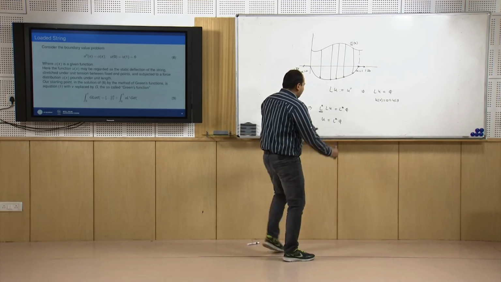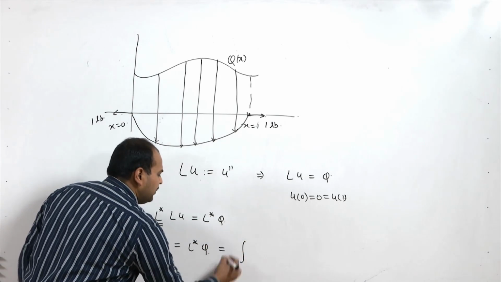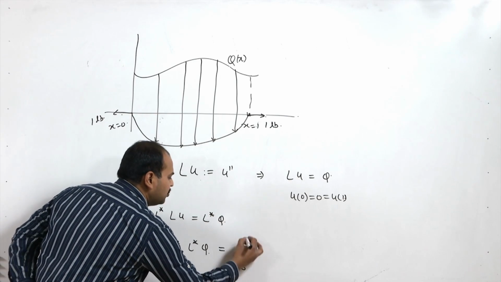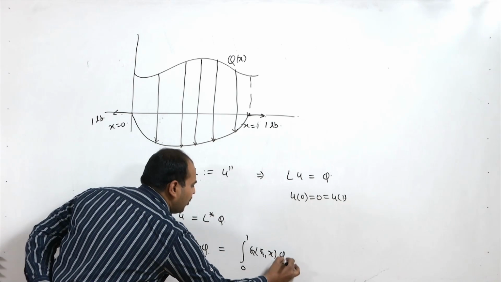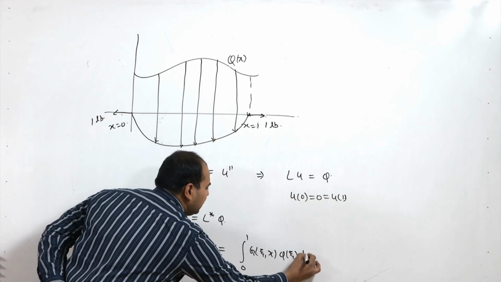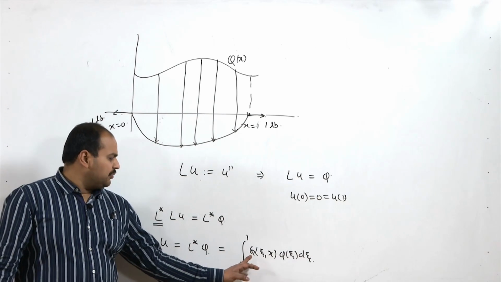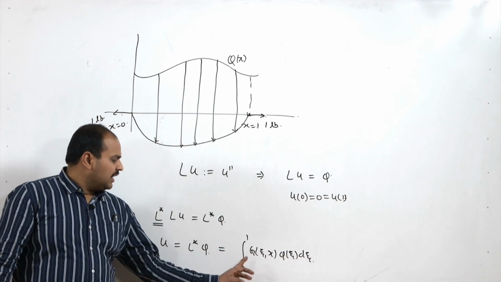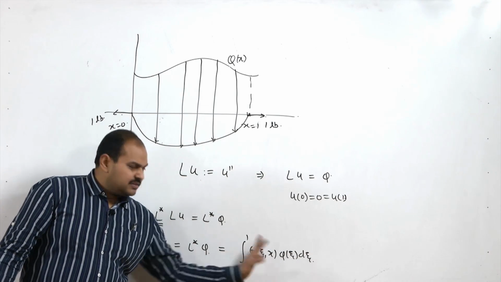So when we operate L star on this phi, we may write it like the integral from 0 to 1 of some g(xi, x) operating on phi(xi) d xi. So here L star phi is given as this integral.